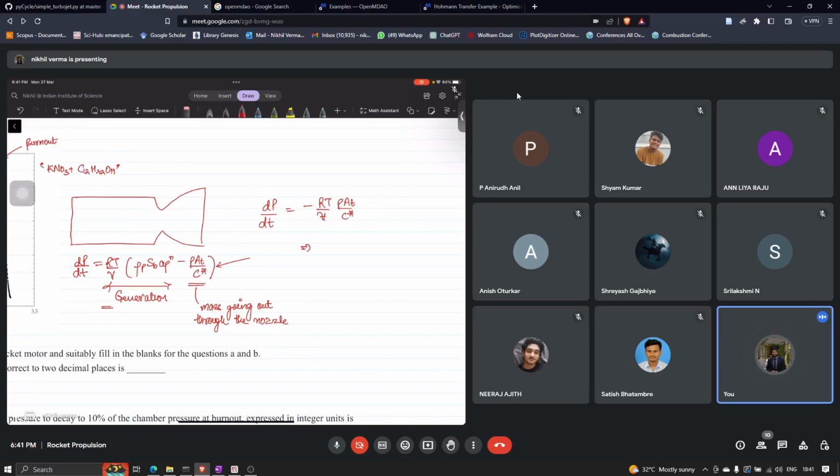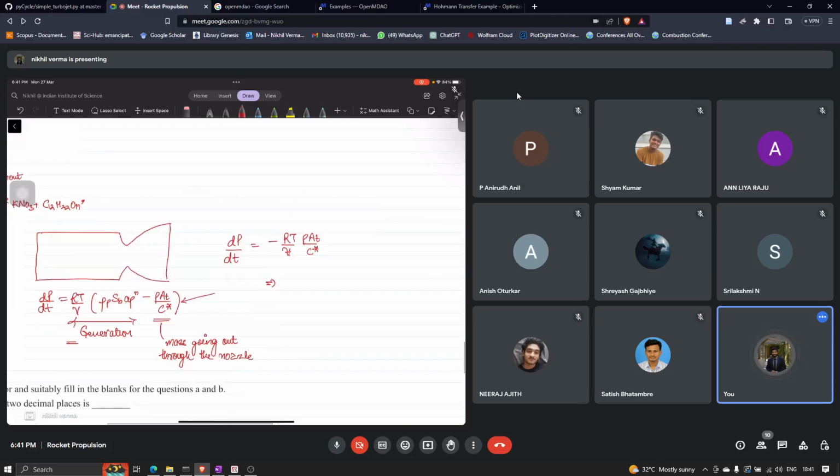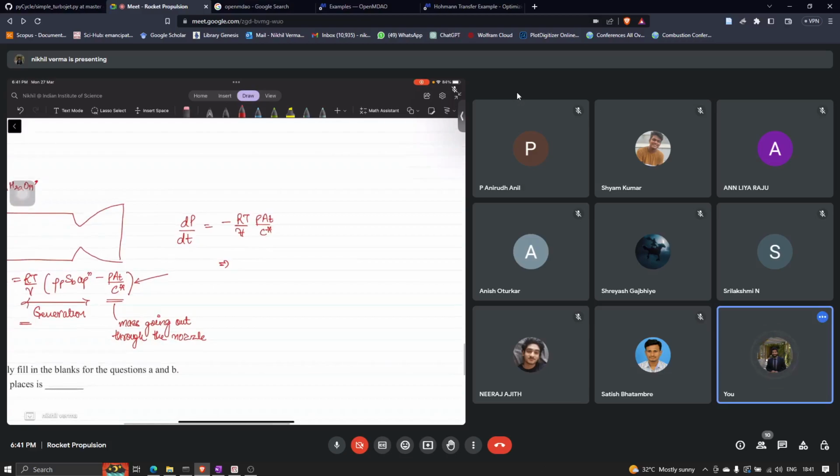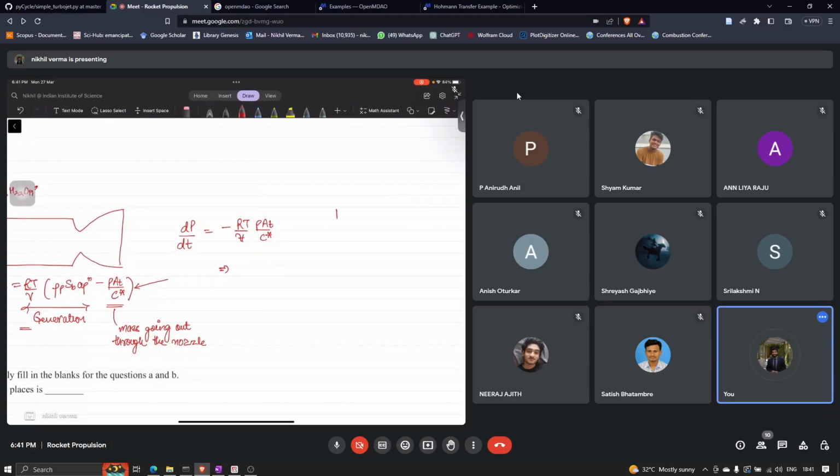let us do some manipulations in this term. So gamma can be written as root of RT by c star. Let us replace RT.